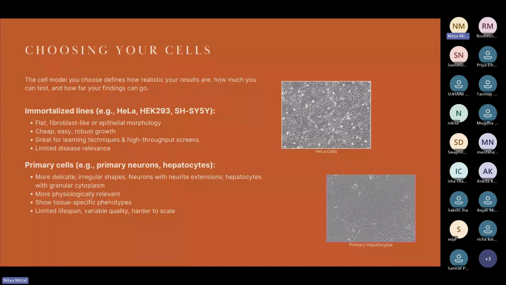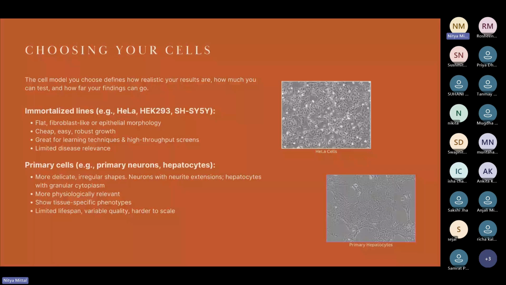I would use an immortalized line in my experiment if I wanted to do something quick, cheap, fast, dirty, and have a lot of growth. It's great for learning techniques and some high throughput screens, but they don't have a lot of disease relevance. I think a lot of places try to start from these cells, but eventually you have to move on to iPSCs or primaries to get higher disease relevance.